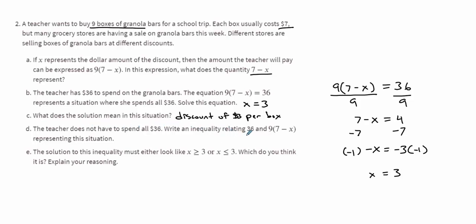The teacher does not have to spend all $36. Write an inequality relating 36 and 9 times the quantity of 7 minus x, representing this situation. Since she doesn't have to spend all 36, she could spend less than 36, right?